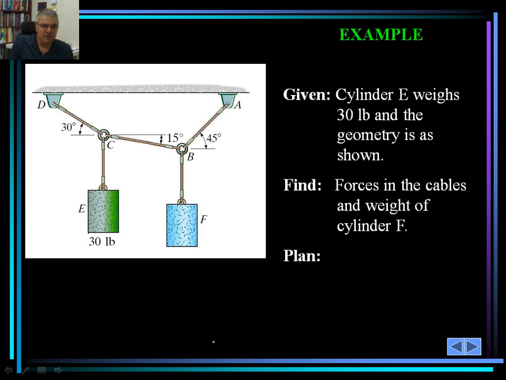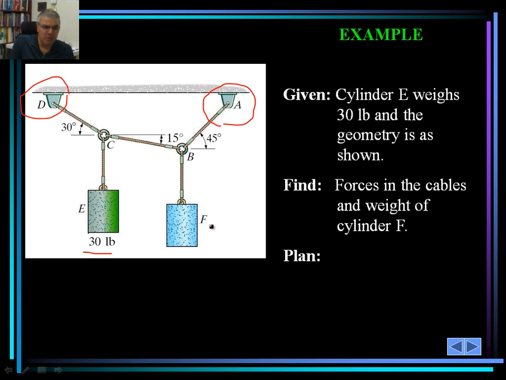We would like to find the forces in the cables and the weight of the cylinder F. The angles are given, the assembly is given, points of reaction are given, A and D. These are the supports for the structure. There's a 30-pound weight at E, and F is also unknown.